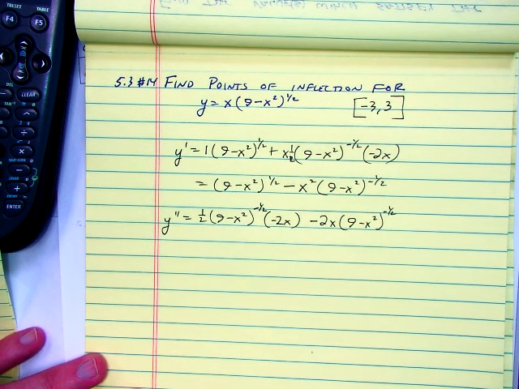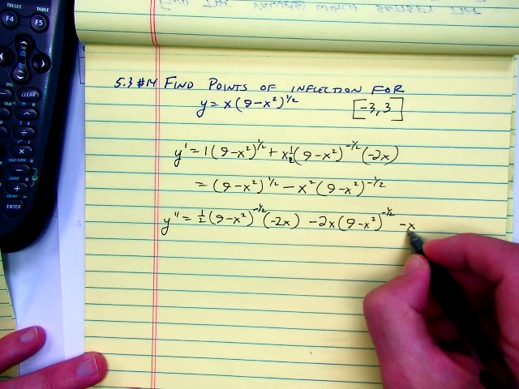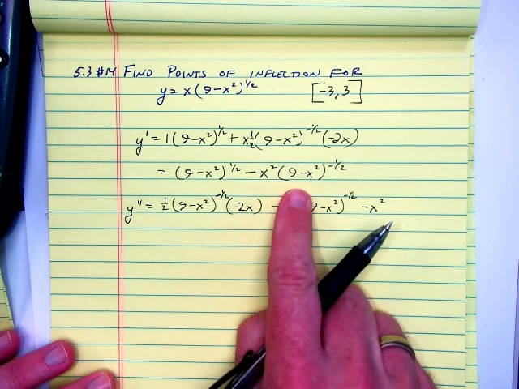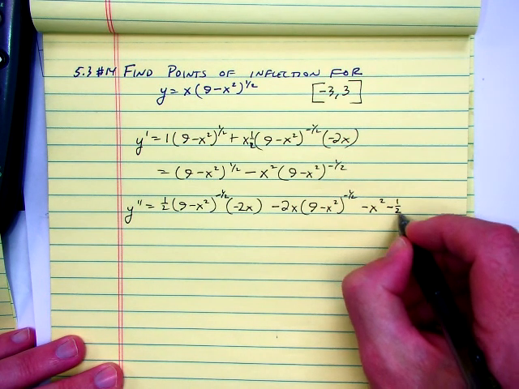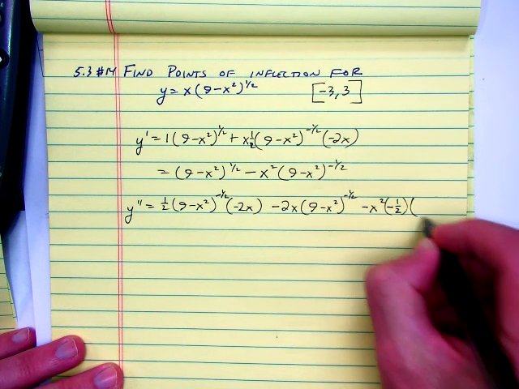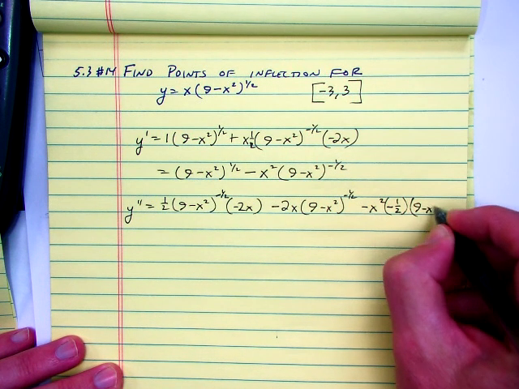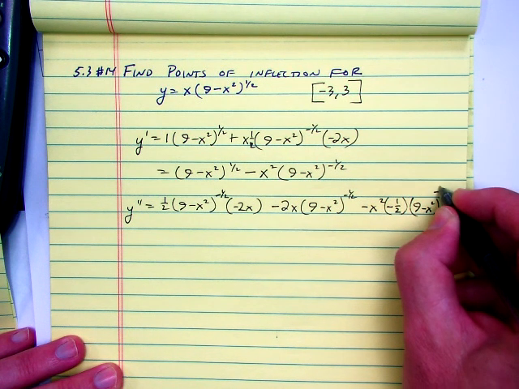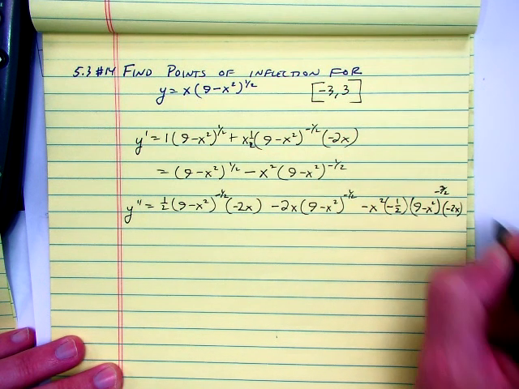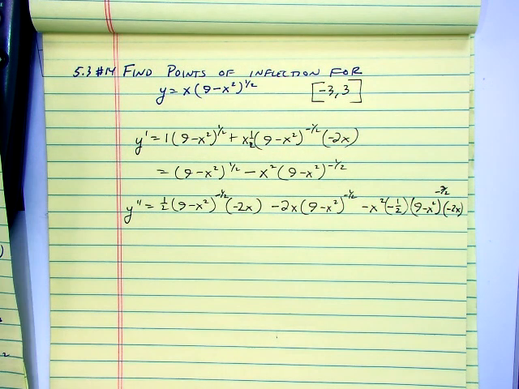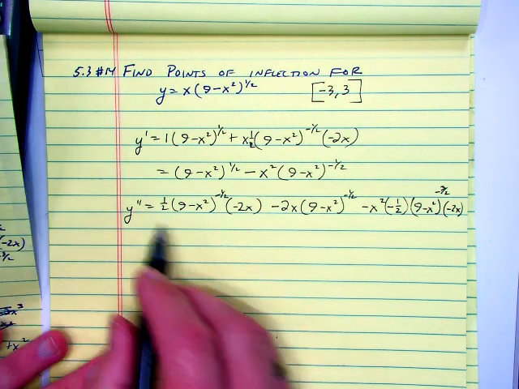And now I have to have minus x squared. Now I got to do the derivative of the second one, and I get -1/2 times 9 minus x squared to the -3/2 times -2x. Okay. All right. So I'm going to simplify them all before we factor, if there's anything I can't simplify.